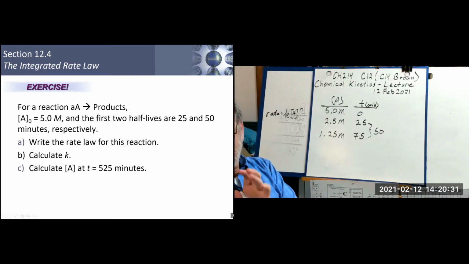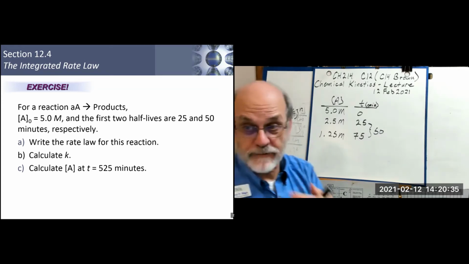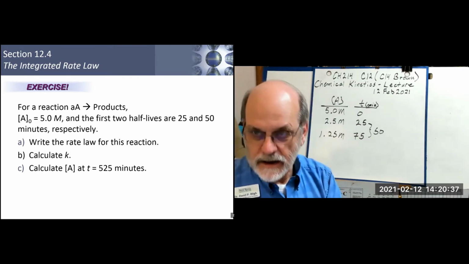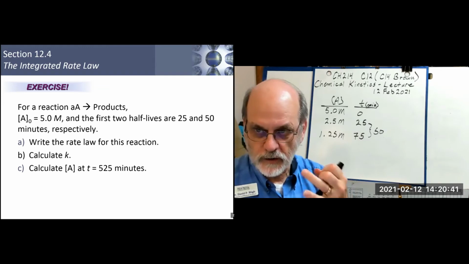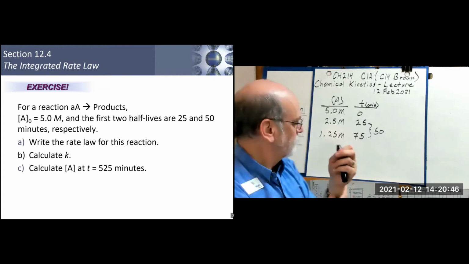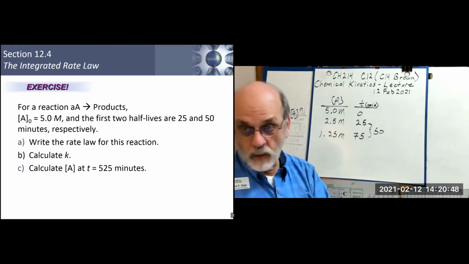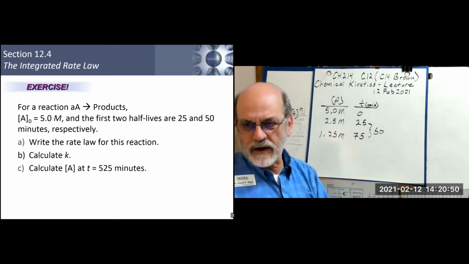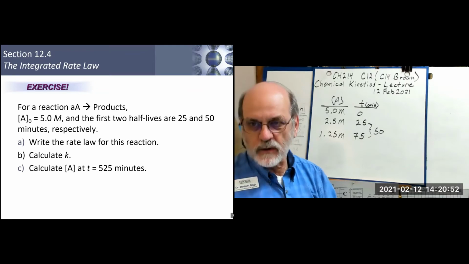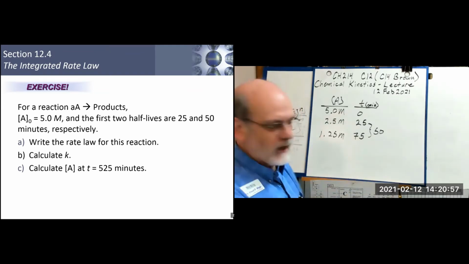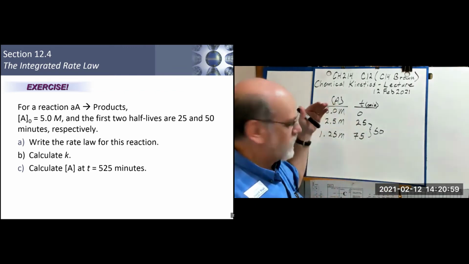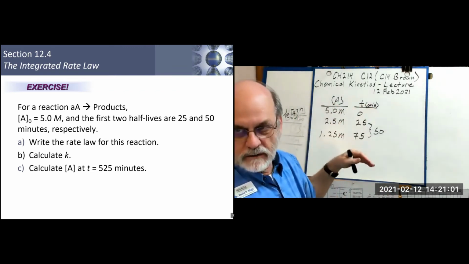Okay. So in order to calculate the K, we could use the half-life formulas if we knew whether it was 0, first, or second order. Okay. So can we eliminate one of them? I mean, right now we got a 1/3 chance of getting the right one.